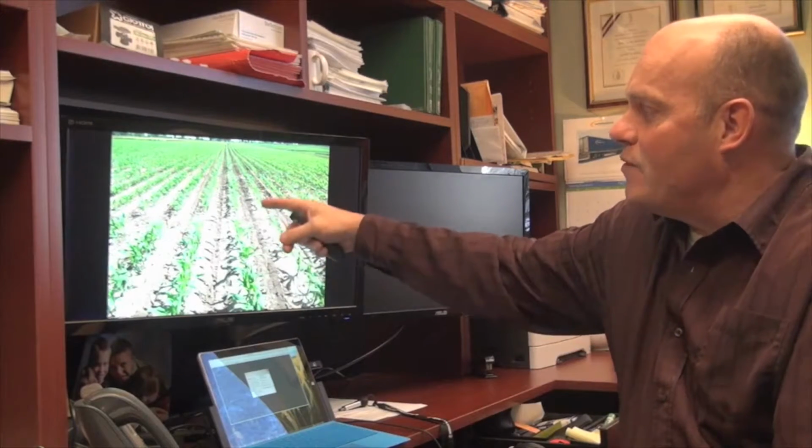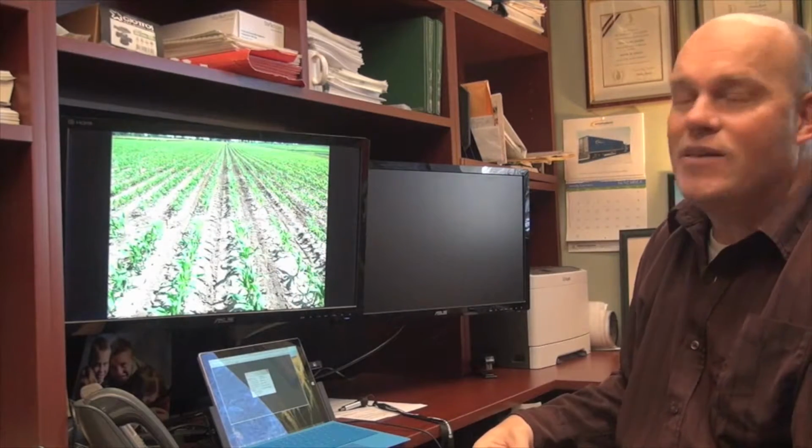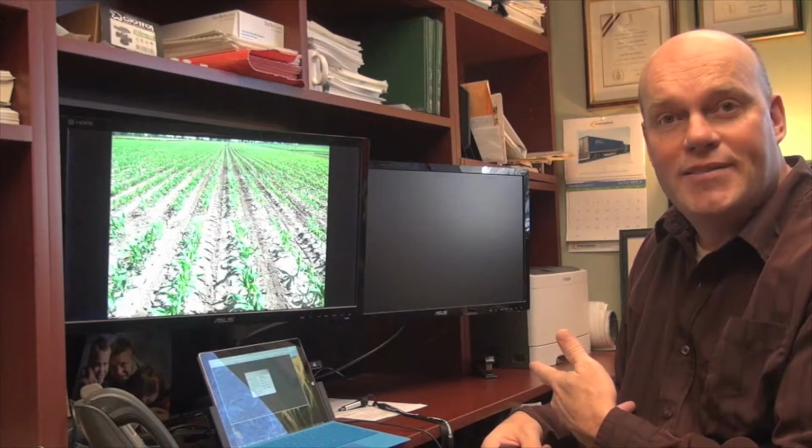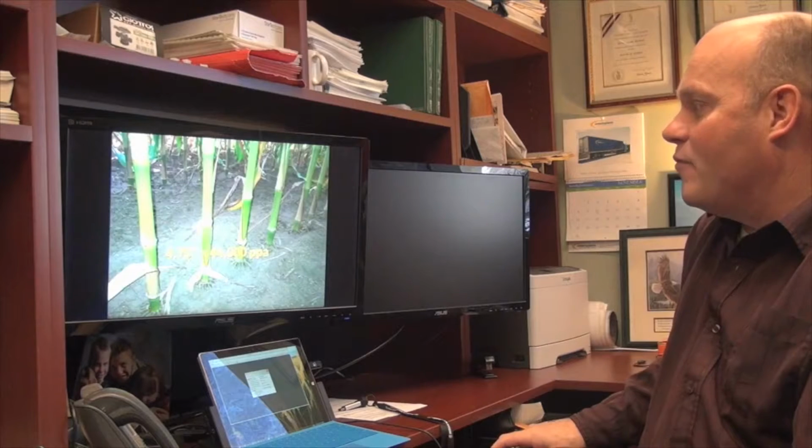Another input here is nitrogen as well. Here's a field that we have just side dressed with nitrogen, and nitrogen rates are important as well. If we under apply nitrogen, we lose yield potential. If we over apply nitrogen, we lose economics, and we also have a much bigger environmental impact, and we don't want that for sure.